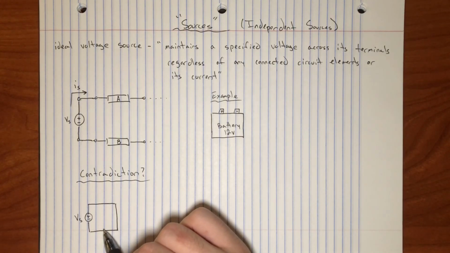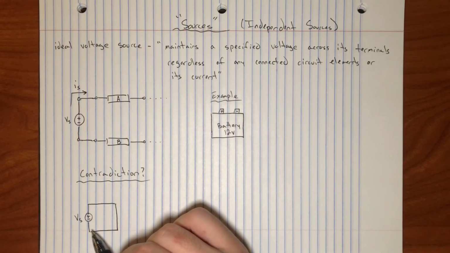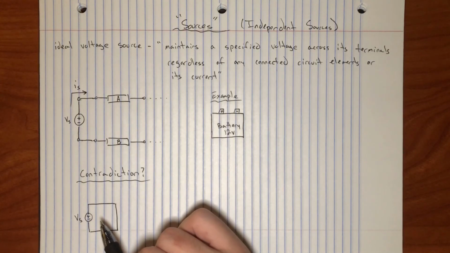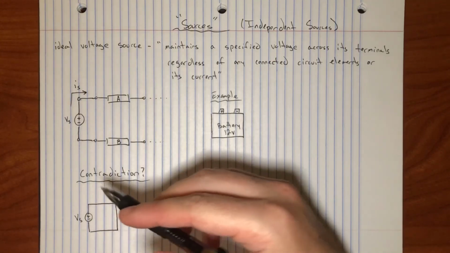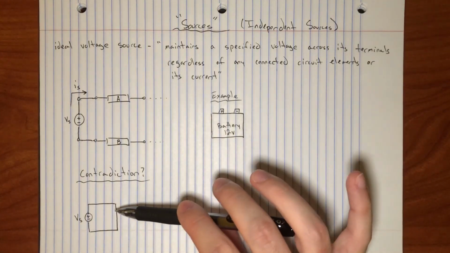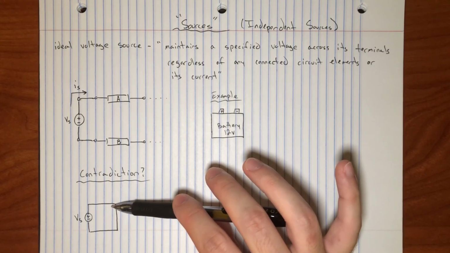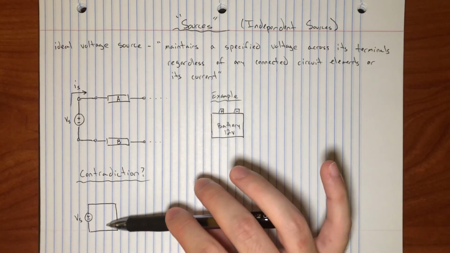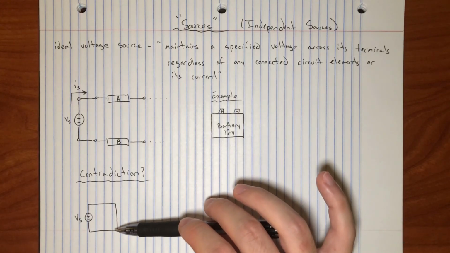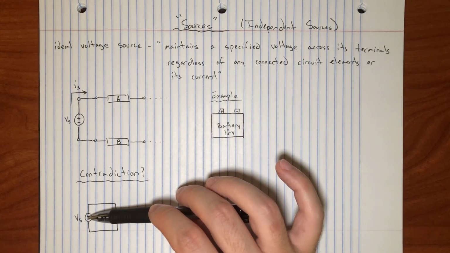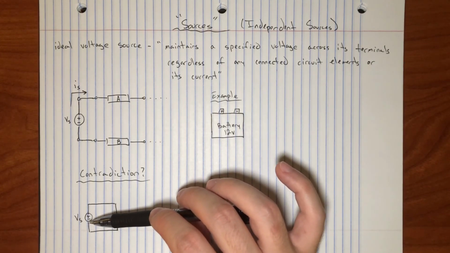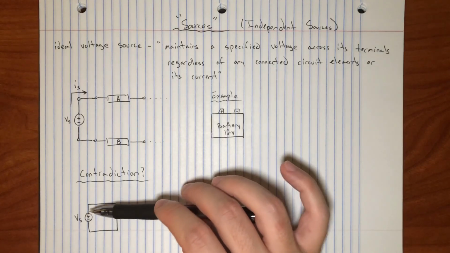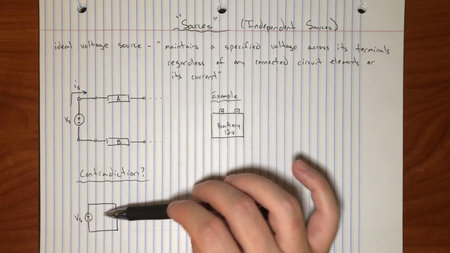This is an interesting, contrived case, because the two definitions, ideal voltage source and ideal conductor, are conflicting here. Remember, the voltage across an ideal conductor is 0, regardless of any current that flows through it. And the voltage across an ideal voltage source is Vs, regardless of what's connected to it or the current that flows through it. So there should be a contradiction here.